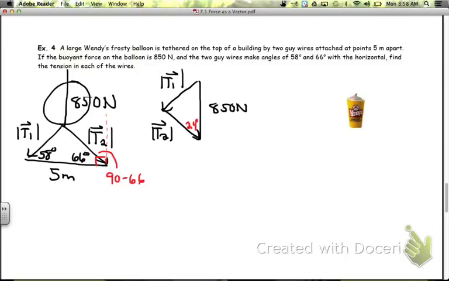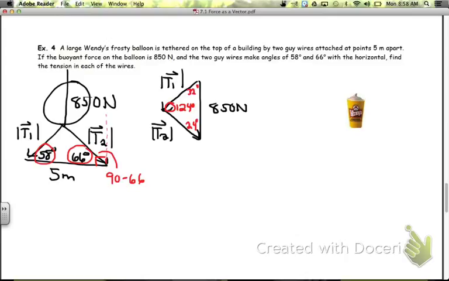And then this angle measurement right here is found by adding our two given angles, 58 and 66, to give me 124 degrees. And this angle here is going to be 32 degrees, just by knowing our properties of interior angles of triangles.